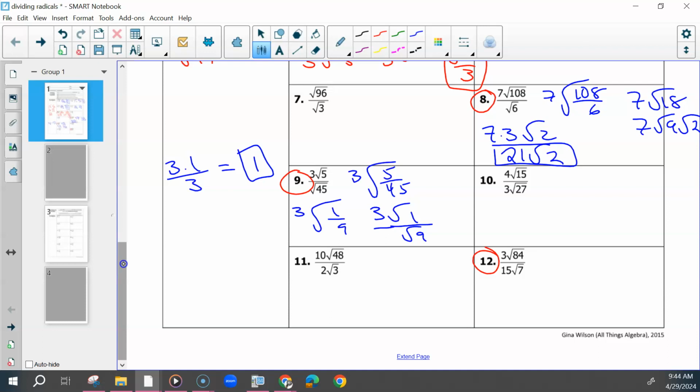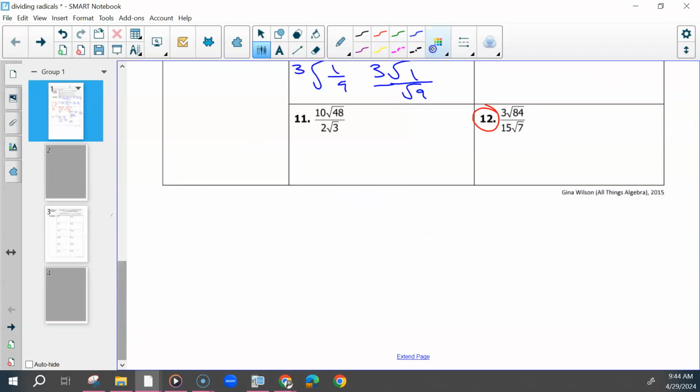12. Do we want to write these as fractions or simplify? Simplify. Okay. If we simplify, so 3 and 15 you can simplify regardless, but simplify the square root of 84.